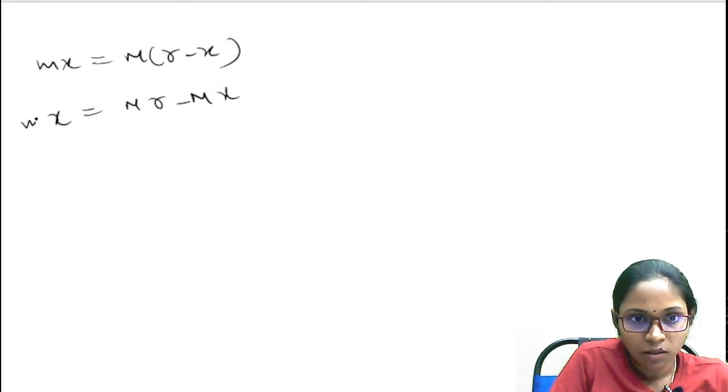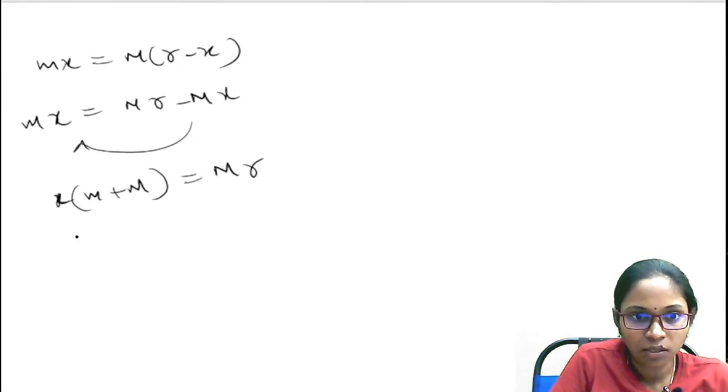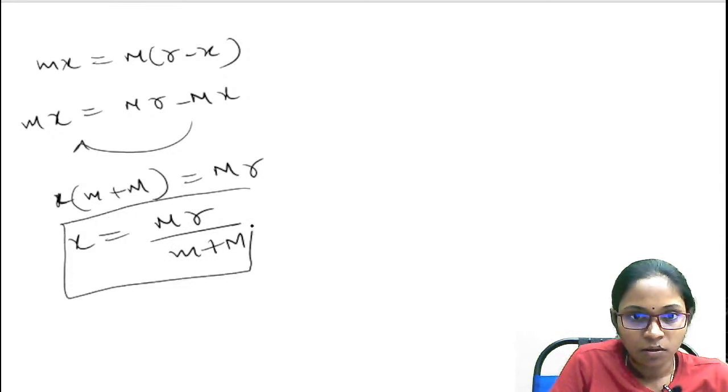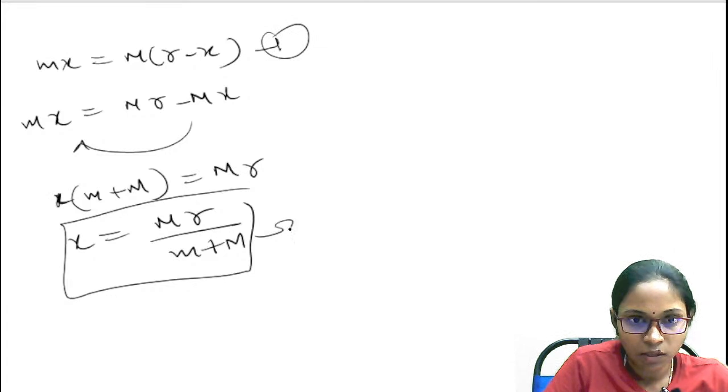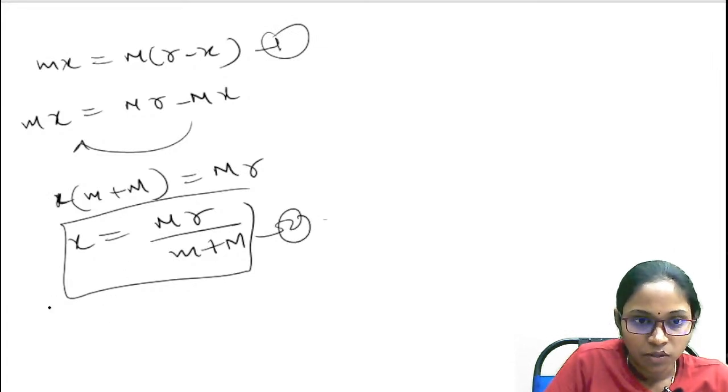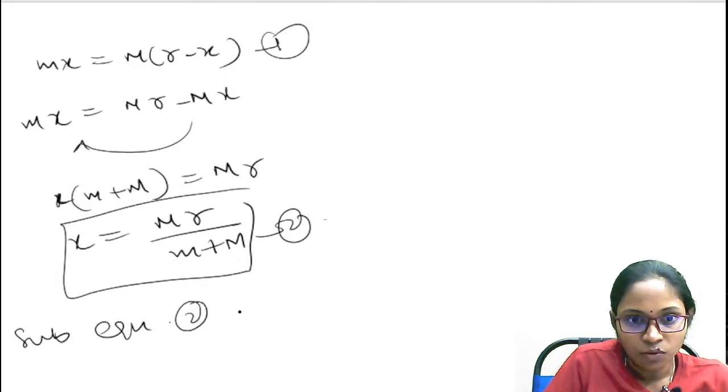Bring this to the left hand side and take x as common: x times m plus capital M is equal to capital M r, where x is equal to M r by small m plus capital M. This is equation number 1.